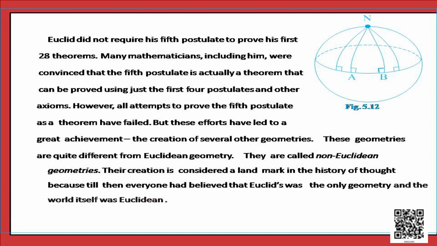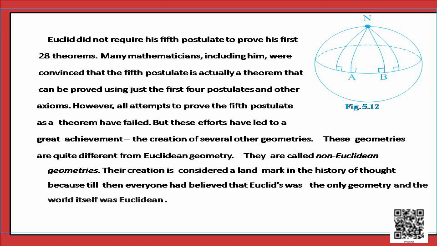Students, Euclid did not require his fifth postulate to prove his first 28 theorems. Many mathematicians, including him, were convinced that the fifth postulate is actually a theorem that can be proved using just the first four postulates and other axioms. However, all attempts to prove the fifth postulate as a theorem have failed.